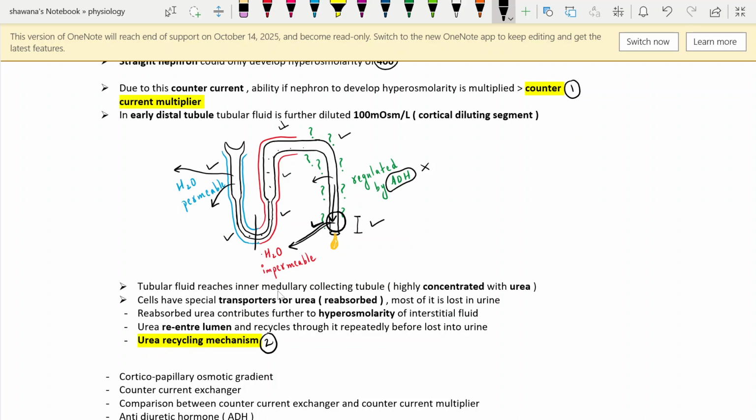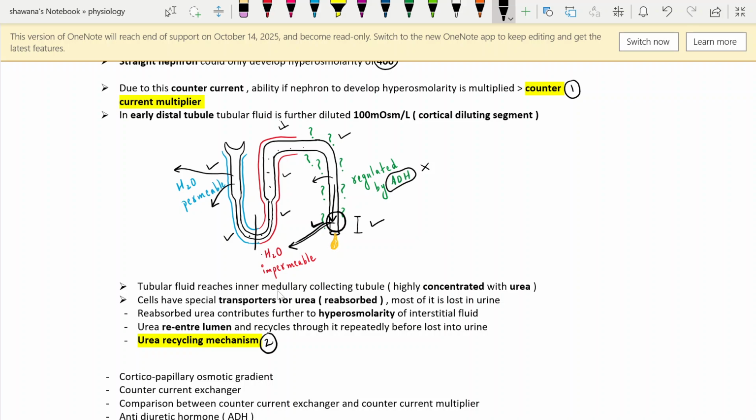But why do we call this mechanism the urea recycling mechanism? Urea does not stay in the interstitium for a long time. It will again be taken up by the loop of Henle, transported along the tubular fluid, and again it reaches the inner medullary collecting tubules, and eventually it will be passed into the urine.